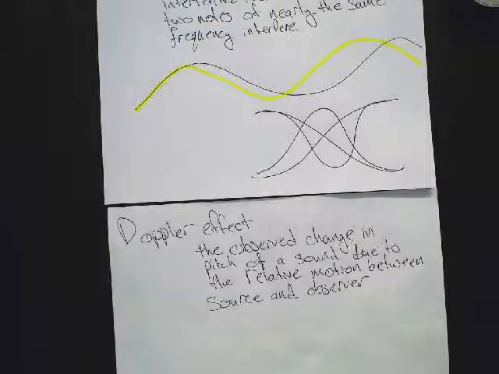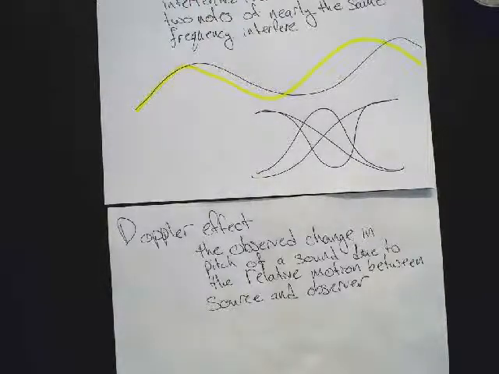When the siren vehicle approaches you, what happens to the frequency of the sound you hear? It does more than get louder. It's higher, okay? So the pitch will get higher when it approaches you. And as it recedes from you, you're going to witness a lower pitch.